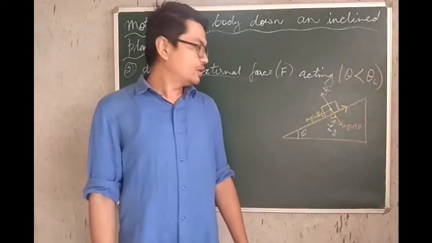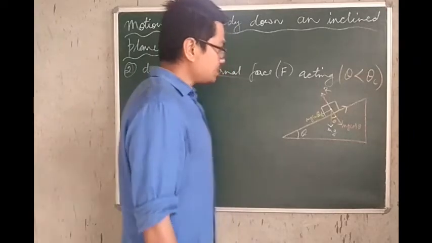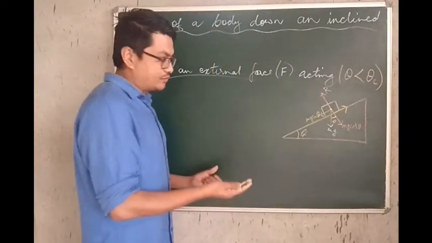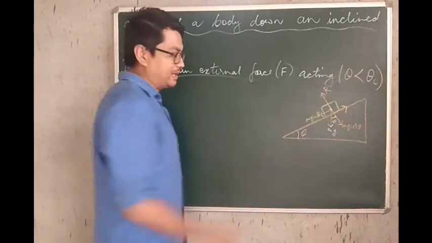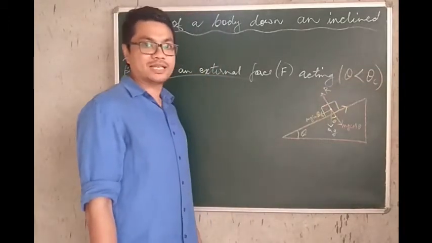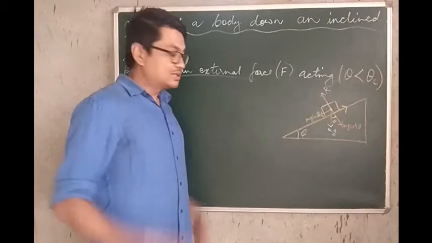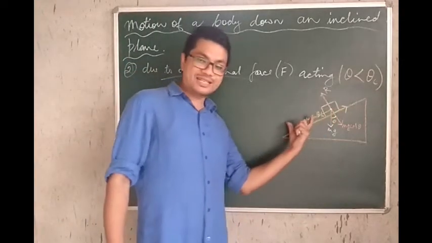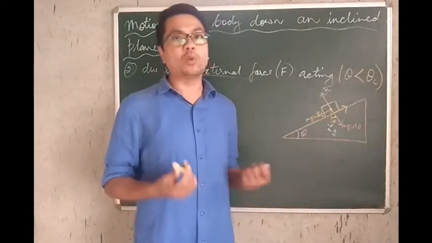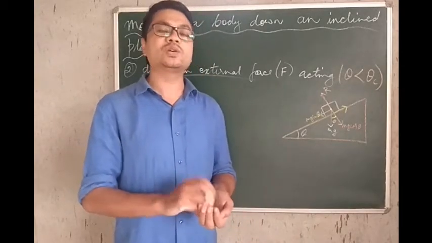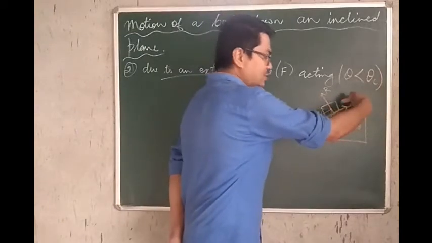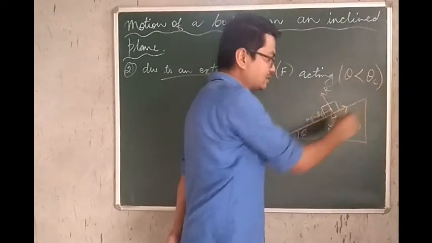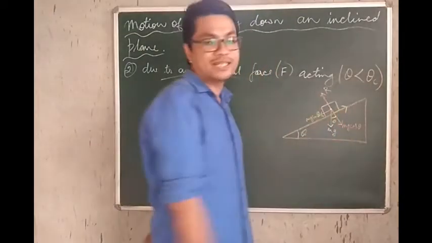Okay, so we want therefore the body to slide down the inclined plane for this case when theta is lesser than theta c. Since the body is not going to slide down due to its own weight, the only other option is to apply an external force, such that due to the application of the external force, the body starts sliding down.